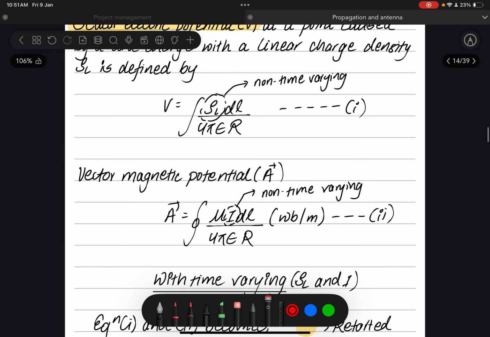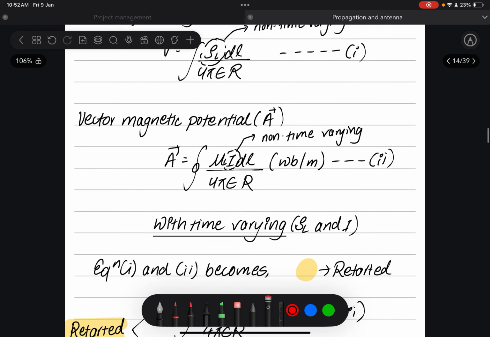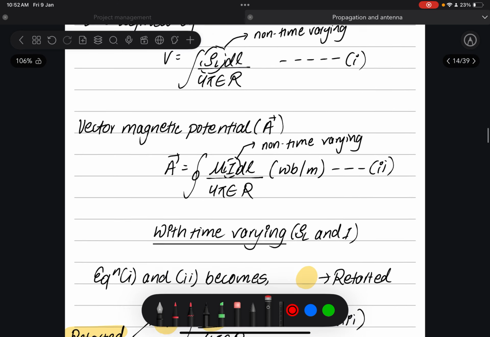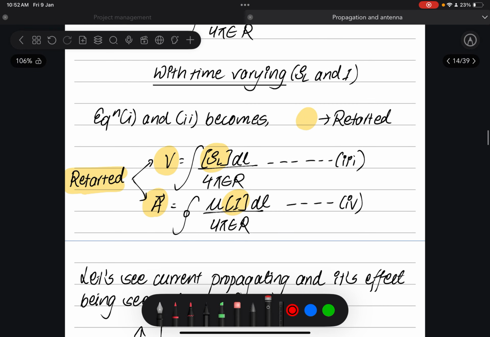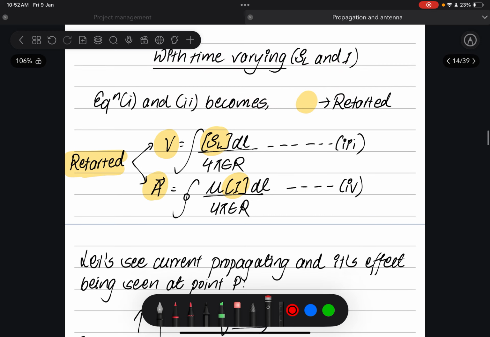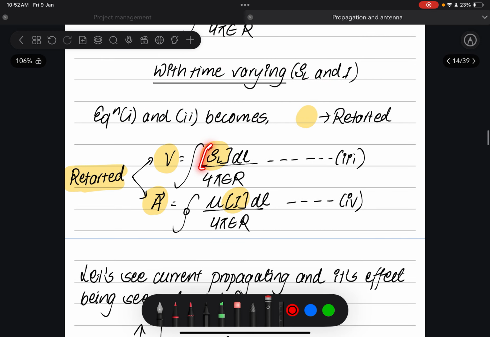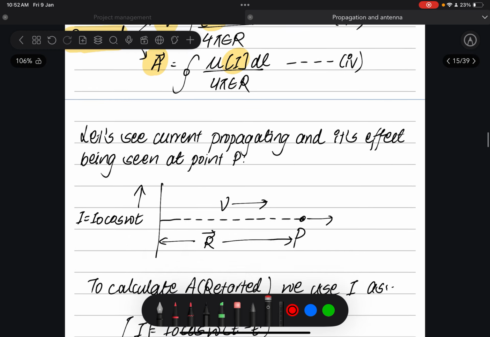So this is the non-time-varying case. Until now, in most of our electromagnetic courses, we have never considered the time varying factor. But when we take the time varying concept into consideration, we use the bracket notation, considering that the linear charge density lambda and the current are time varying. So this is the simple derivation.